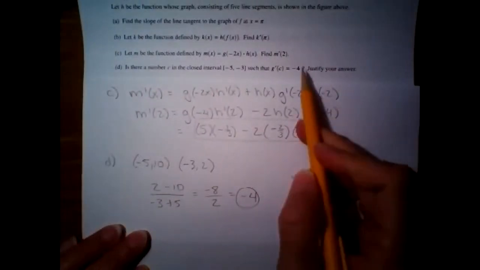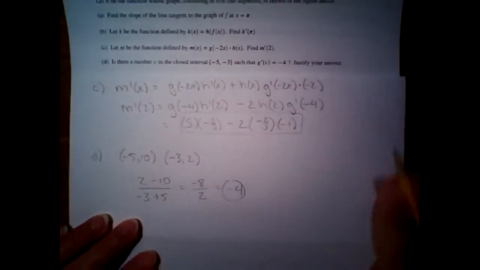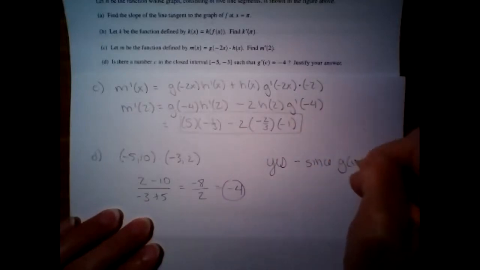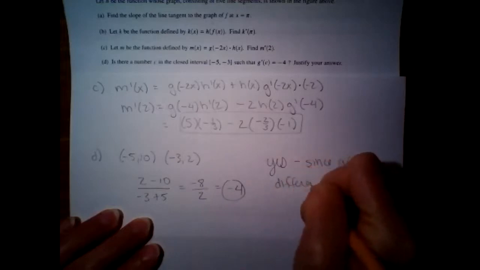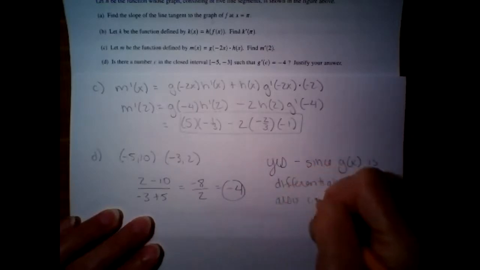Is there a value C somewhere in there? We had to figure out which 2 points to use, where the slope would be negative 4. So the saying, derivative equals the slope. So it's mean value theorem. So the answer is yes, since g of x is differentiable, it is also continuous for good measure here.